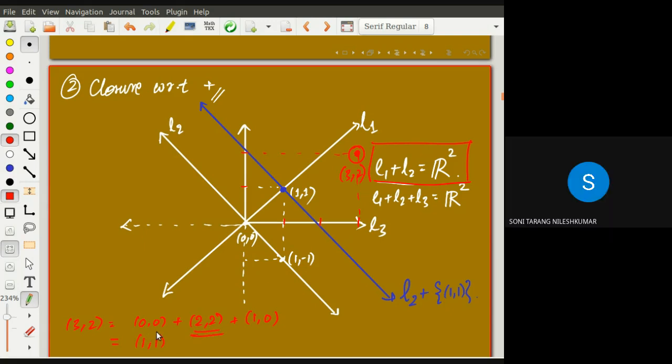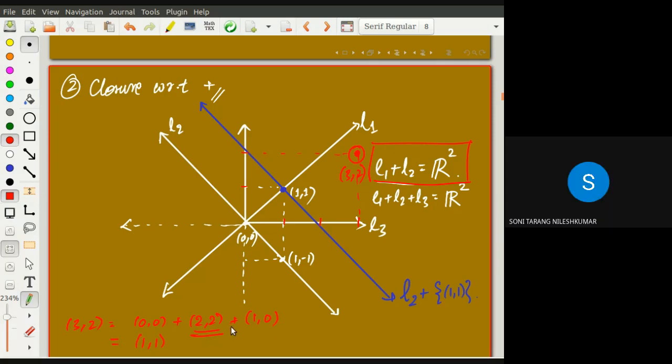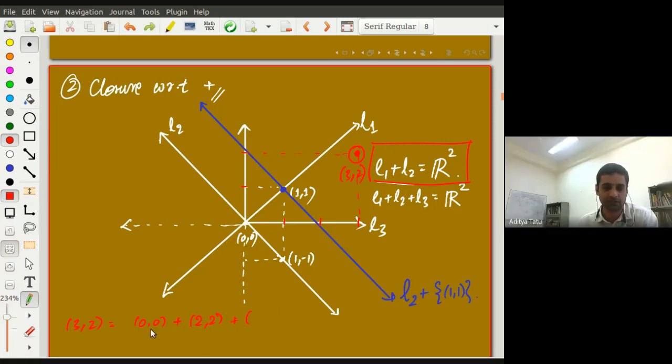Sorry, sir. Change it: 2, 2 plus 0, 0. Once again, what is the first decomposition? 2, 2 plus 0, 0 plus 1, 0. Remember, the order is fixed, so you cannot change the order. So 2, 2 plus 0, 0 plus 1, 0. Fine. The other decomposition?